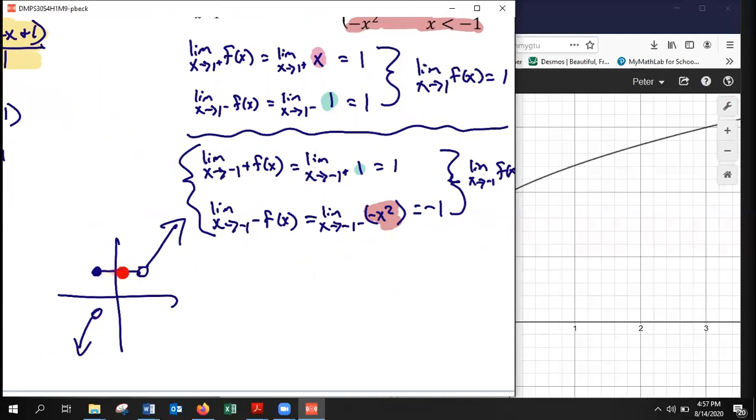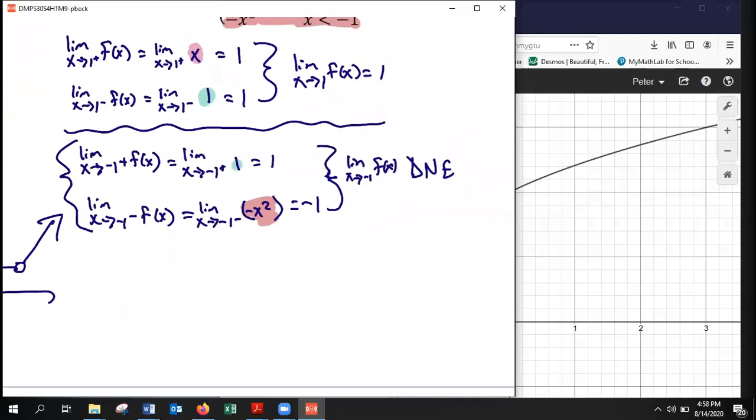From the right side, as x approaches -1, the y value approaches 1. And for this reason, the limit does not exist. This is considered a jump discontinuity. And that jump discontinuity occurs when we approach two different y values.